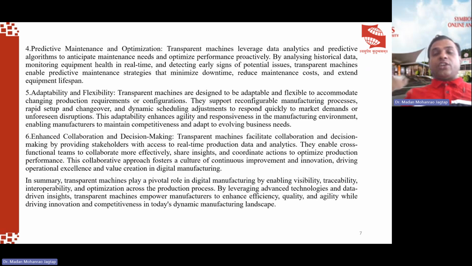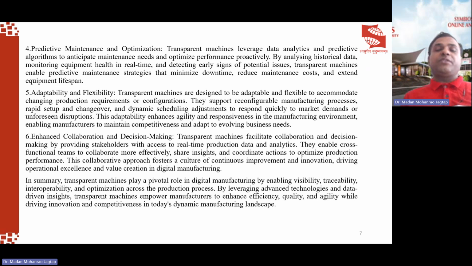The stakeholder can collaborate with the manufacturing organization, and this transparent machine provides real-time production data and analytics to the stakeholders. They can take decisions based on that data and communicate it through the transparent machine to the shop floor, and by that the shop floor can fulfill their requirement. In this way, enhanced collaboration and decision making is there.